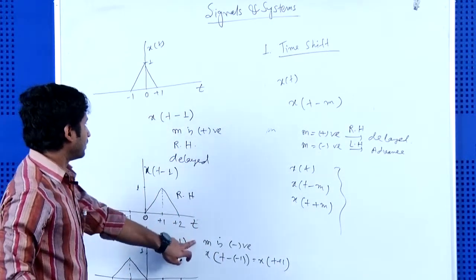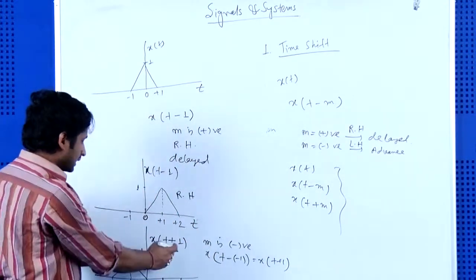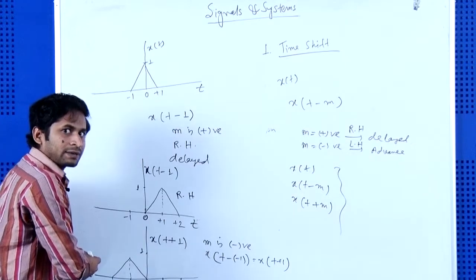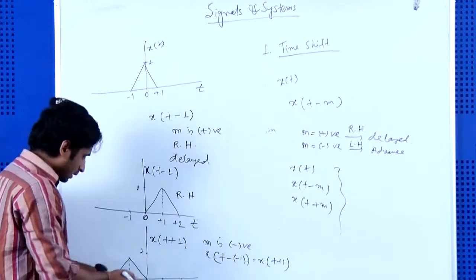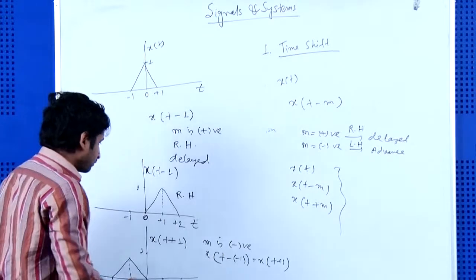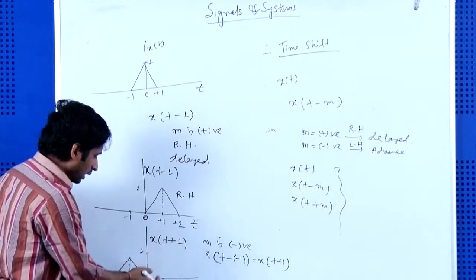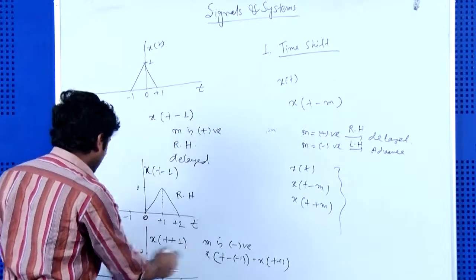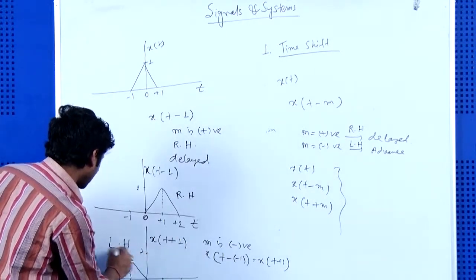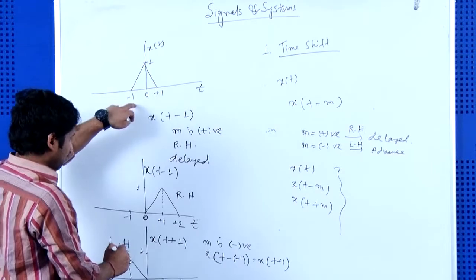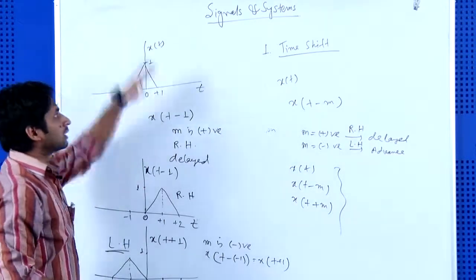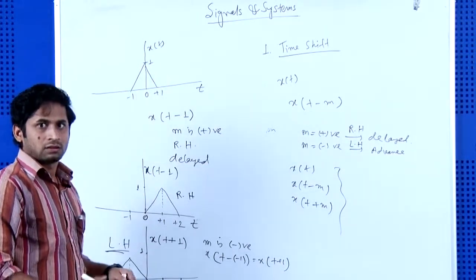When m is negative, there is a shift to the left hand side in the time axis with respect to t equal to 0. Now, it is left shifted with respect to the original signal. So, this is the time shifting operation.